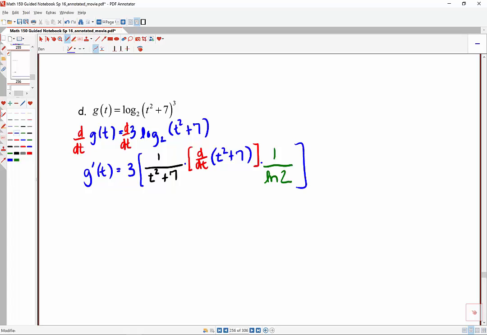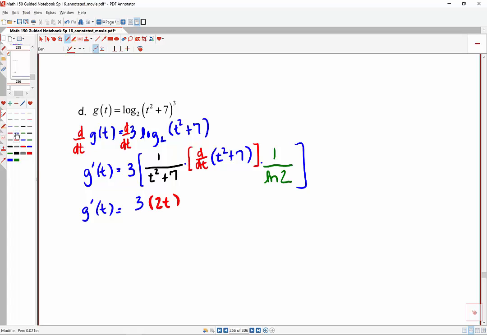Good so far? All right, so g prime at t, don't hurry on these, okay, because that is something that could mess you up. All right, so what are we going to have? We're going to have the 3. The derivative with respect to t of t squared plus 7 is what? 2t. Good.